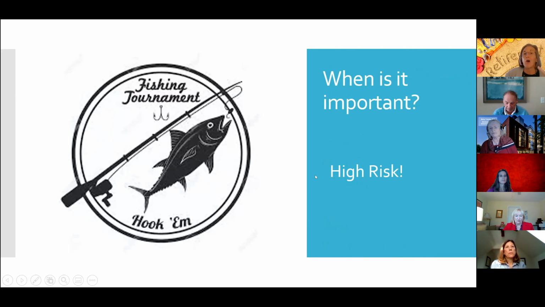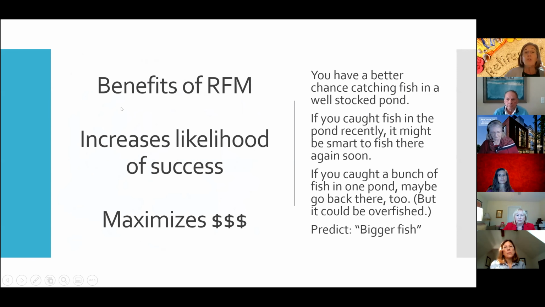It's important because if you're going to pay $1,200 to join a fishing tournament, you probably want to catch a fish. And if you're going to take a risk, like changing up your entire mailing, it's important to know who you want to send these mail pieces to. The benefits of using this model are that you're hopefully going to increase your likelihood of success and maximize your return.